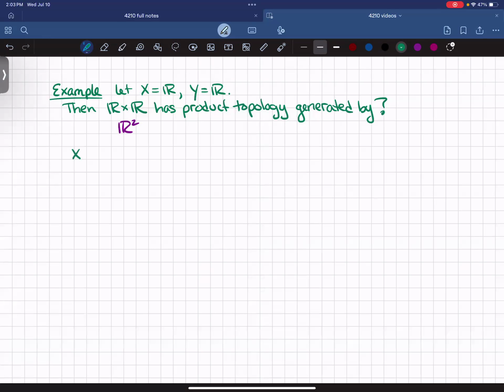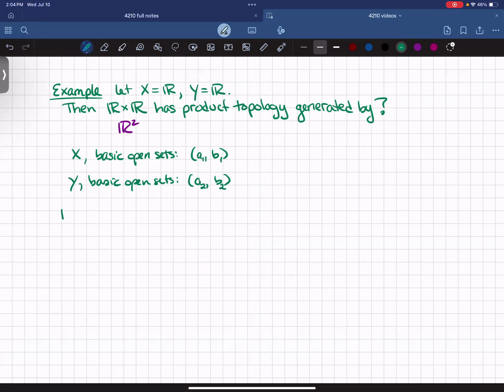So for X, the basic open sets are open intervals, A, B. And then for Y, the basic open sets are also open intervals, A comma B. So let's number these so I can distinguish the two kinds. For X, I'll call them A1, B1, and for Y, I'll call them A2, B2.